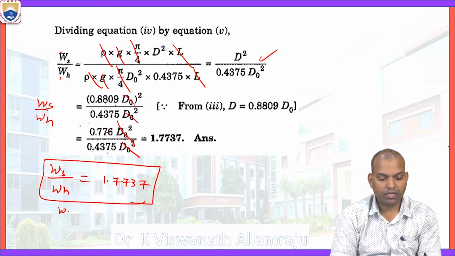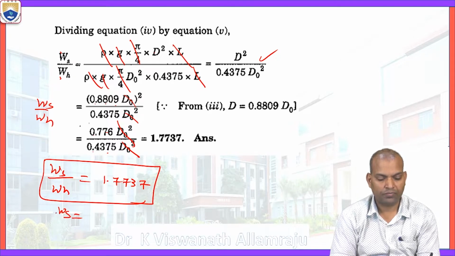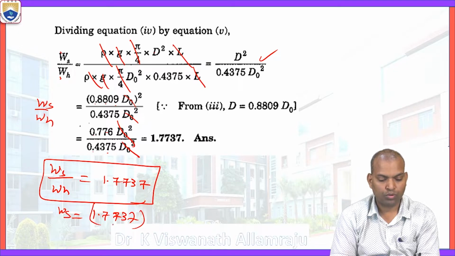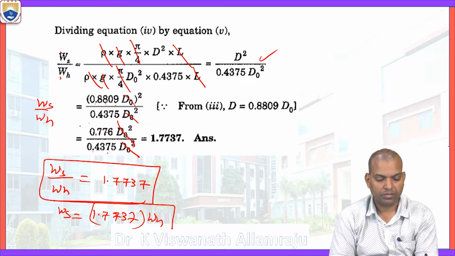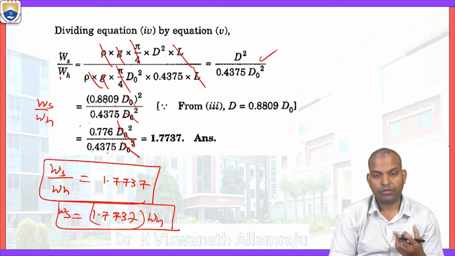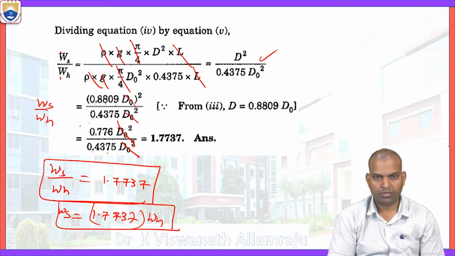That means the weight of the solid shaft is 1.7737 times more than the hollow shaft. So that's why in practice the solid shaft has more weight in comparison to hollow shafts.